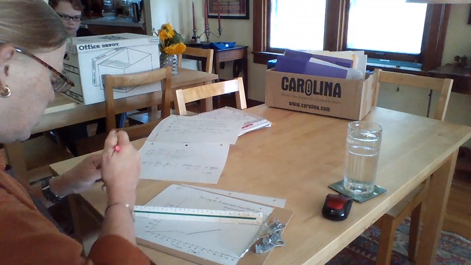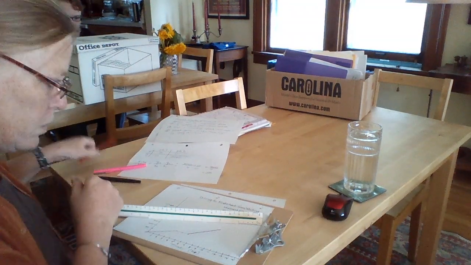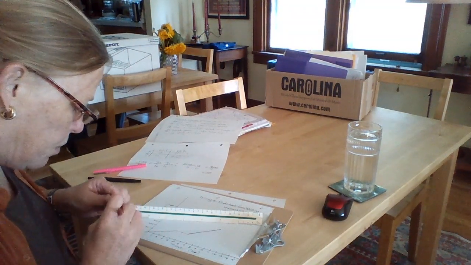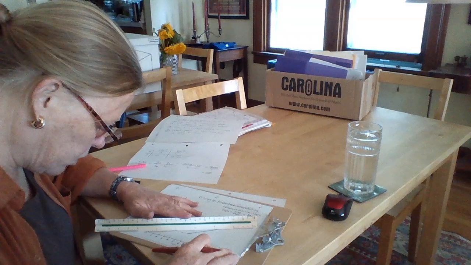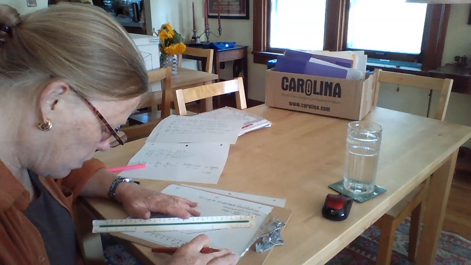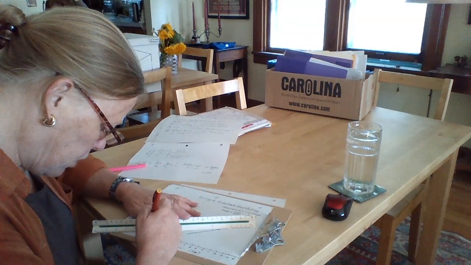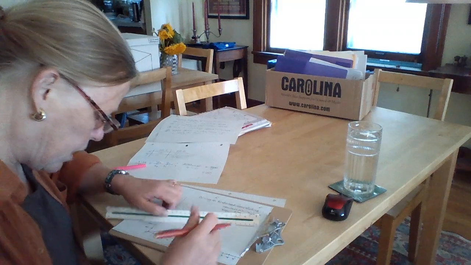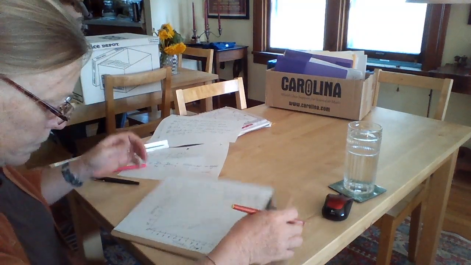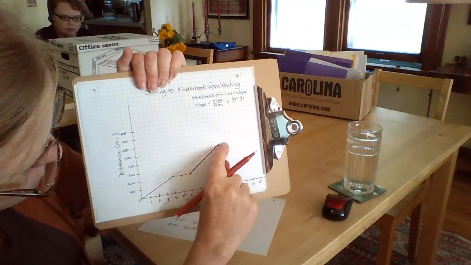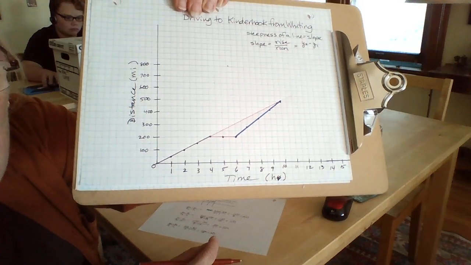Well, we would do that in pink if my pink pen were working better on this page. We'll just go ahead and do it in red. So here we are from hour 0 to hour 10. Boom. There we are.